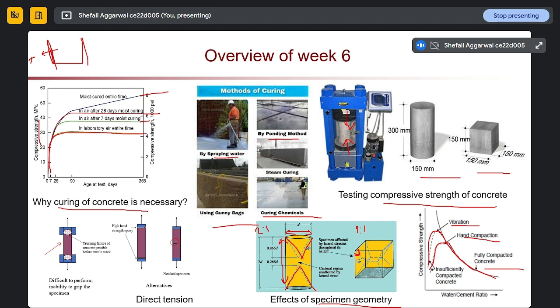We usually define it in two things: fine aggregates and coarse aggregates. As you can see from this figure, sand is called fine aggregate, and all the other solid aggregates are called coarse aggregates.